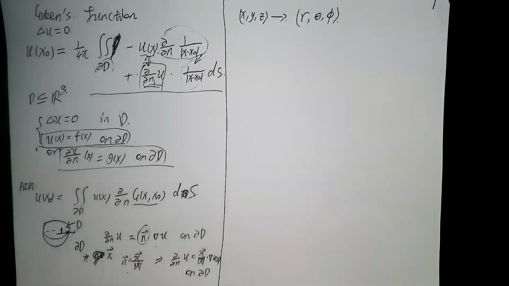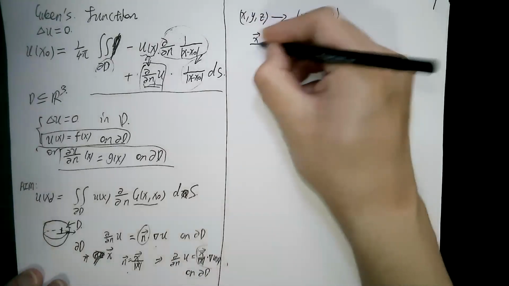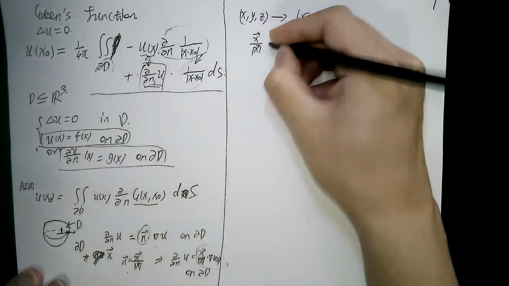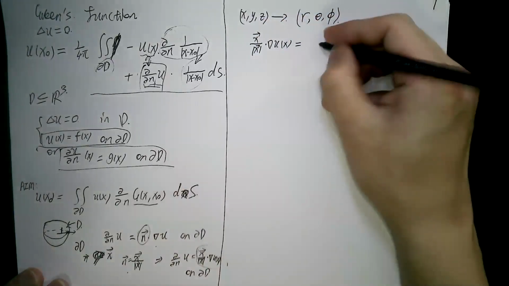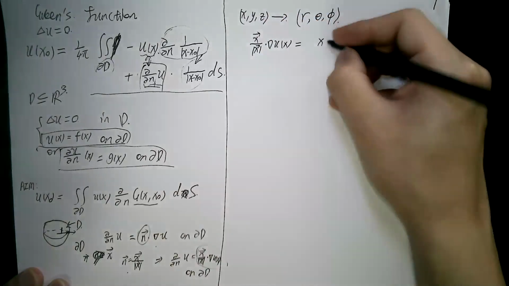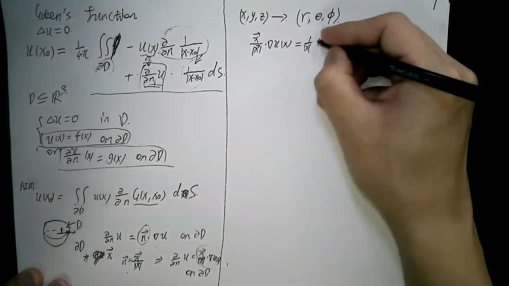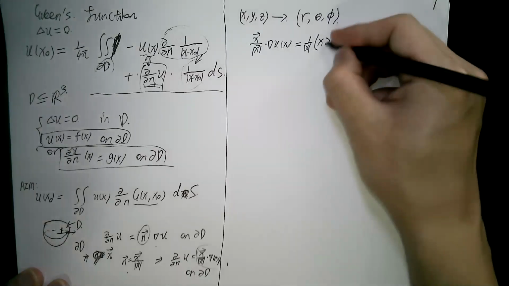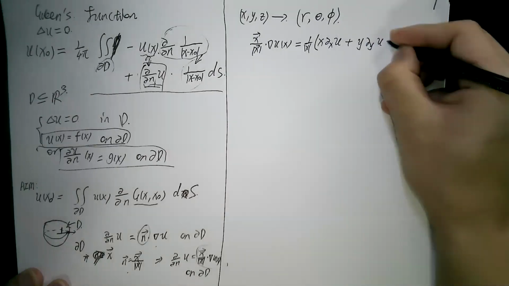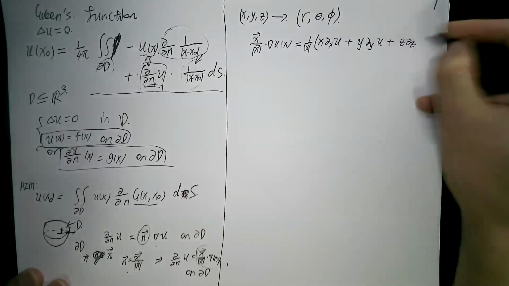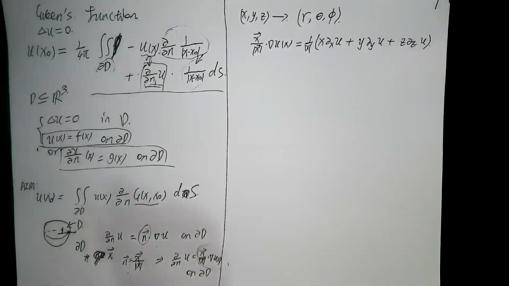Then it becomes even simpler, because this derivative is equal to 1 over the norm of x, times x partial x u plus y partial y u plus z partial z u, by definition.